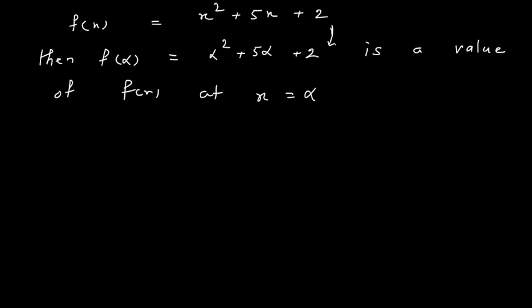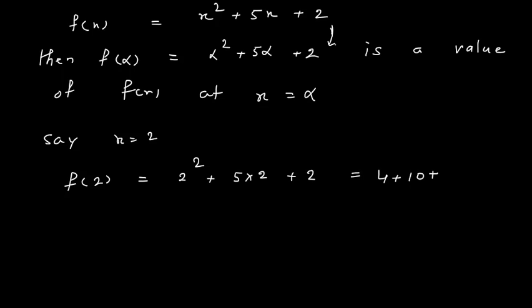Say if I say that x is equal to 2, then what will be f of 2? F of 2 will be 2 square plus 5 into 2 plus 2. So 2 square is 4, 5 into 2 is 10 plus 2. So this will give me 10 plus 4, 14 plus 2, 16.